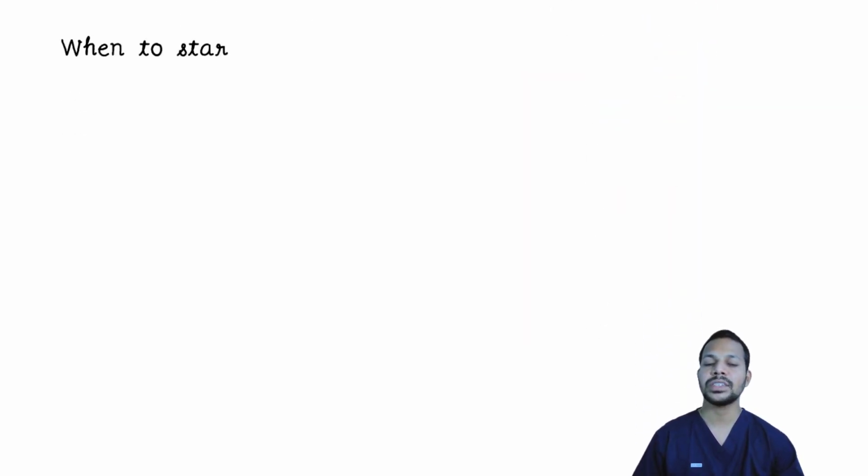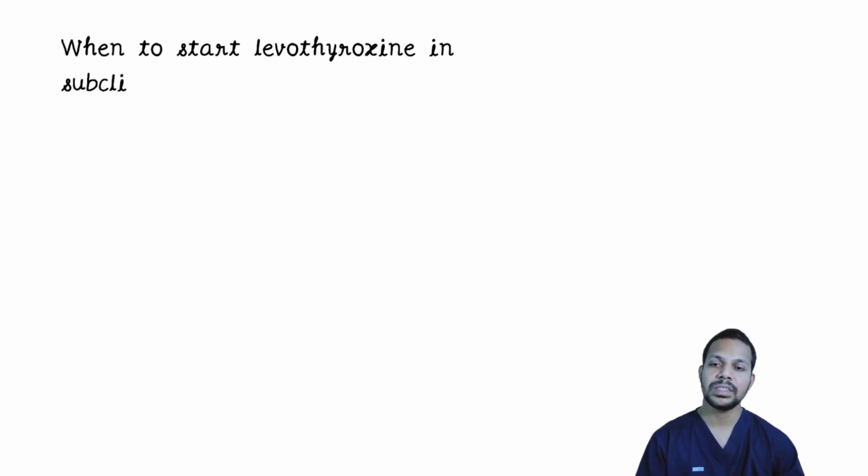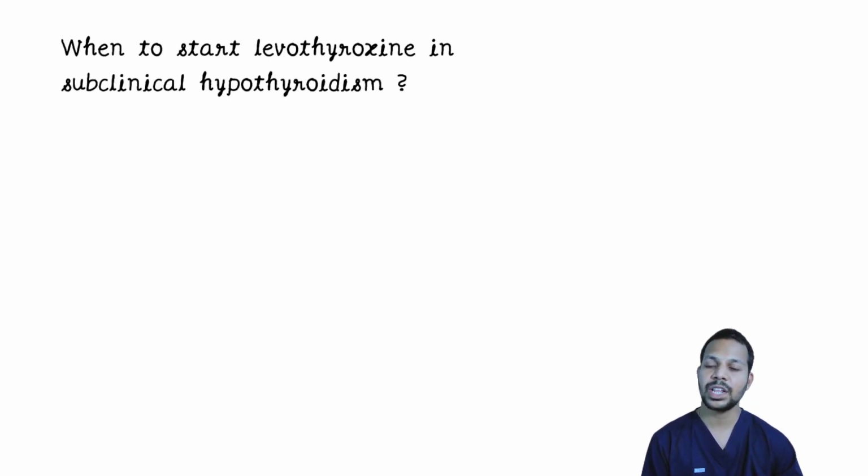When to start levothyroxine in subclinical hypothyroidism? There are certain conditions. Not every case; as we have seen in the chart, a patient of mild hypothyroidism may be annually followed up if the patient does not develop any clinical symptoms or if the patient is TPO antibodies negative.